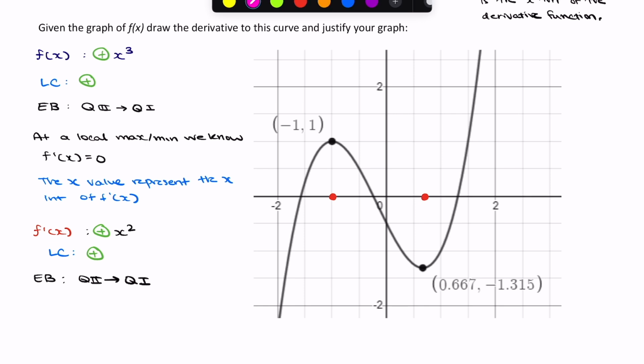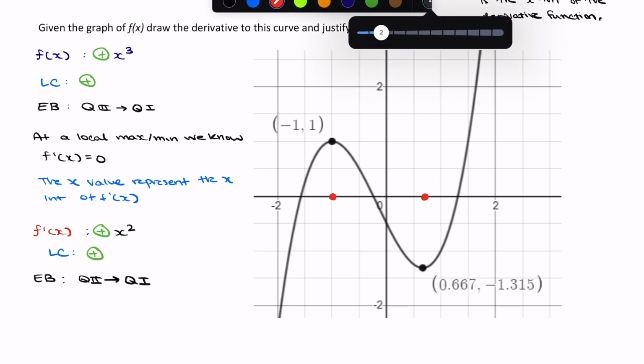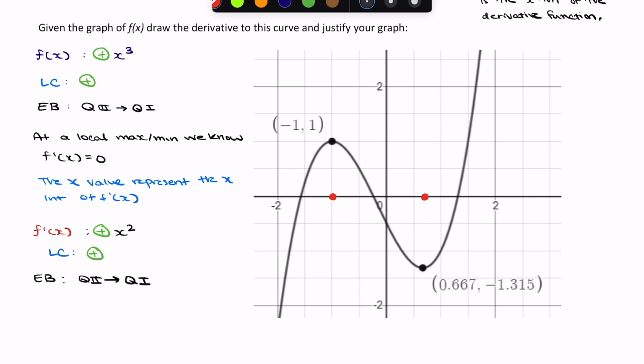Again, if we draw a couple of slopes for the tangent, there's a positive slope here, and then it moves to a negative slope, and then again back to a positive slope.